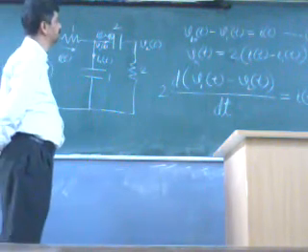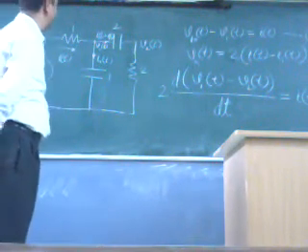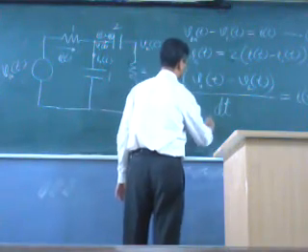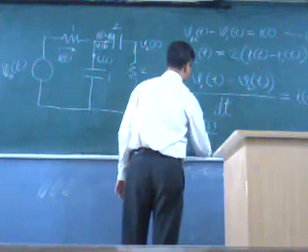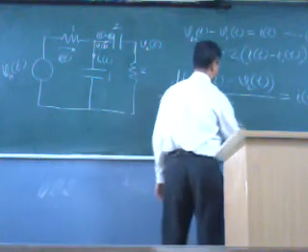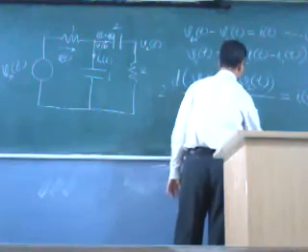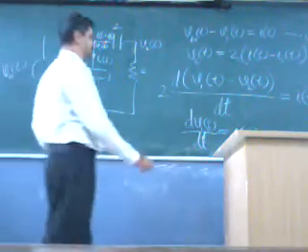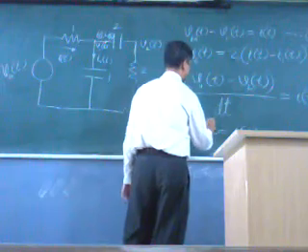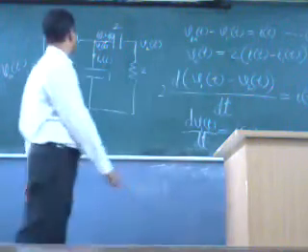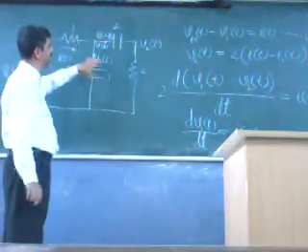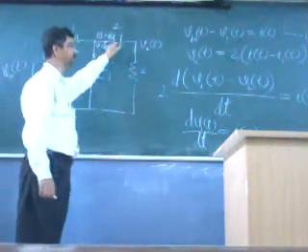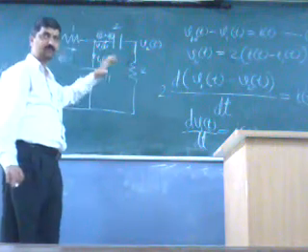Then what else you can have? dV1(t) upon dt is equal to I1. So there are 4 components, 1, 2, 3 and 4.